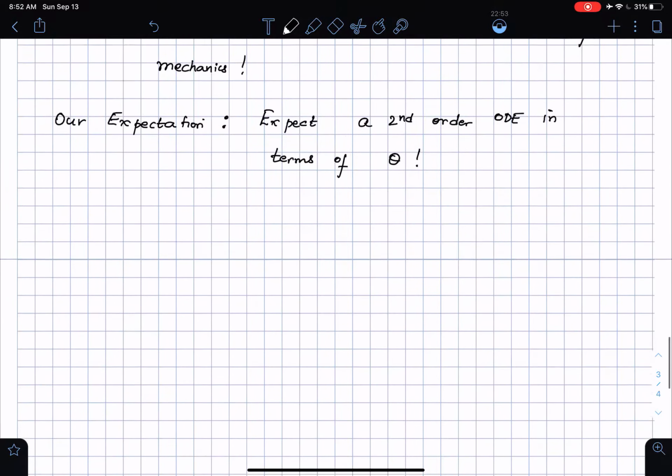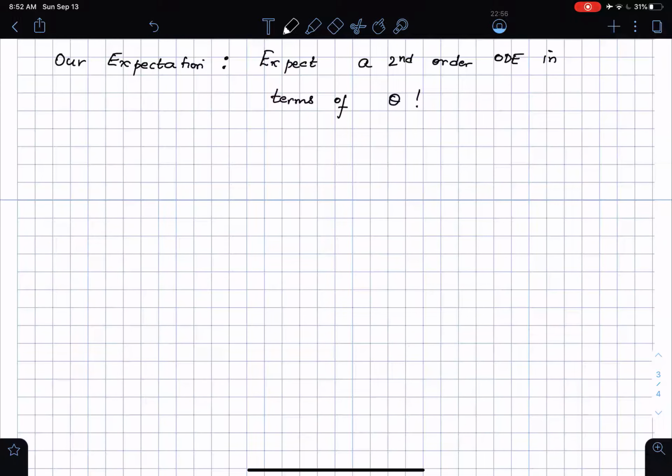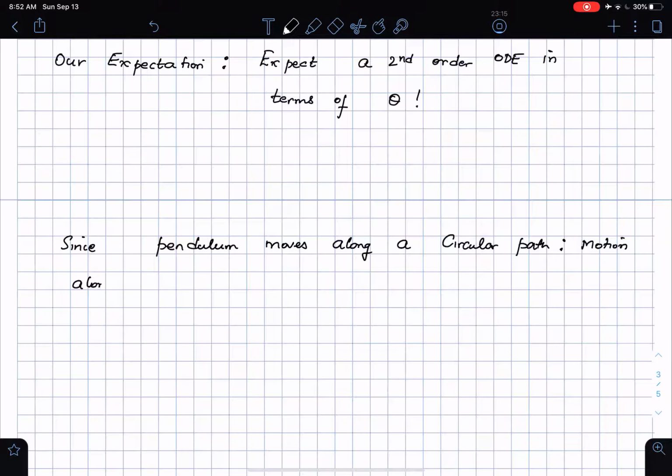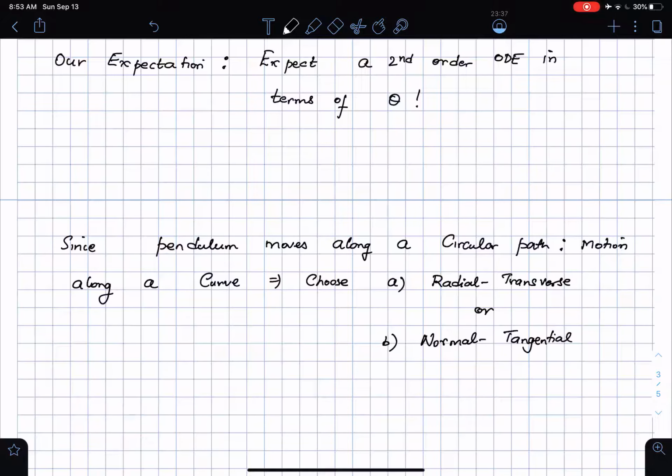To understand the motion of the pendulum, since the pendulum moves along a circular path, this is going to be motion along a curve, which means that I need to choose either radial transverse, or I need to choose the normal tangential system.